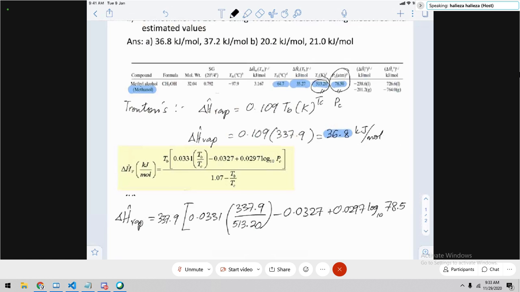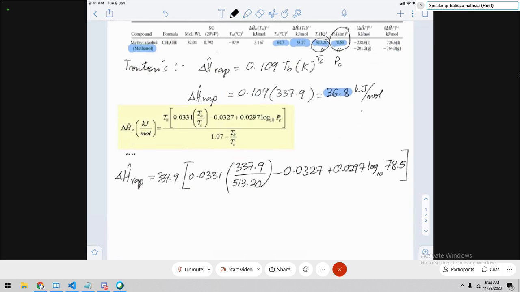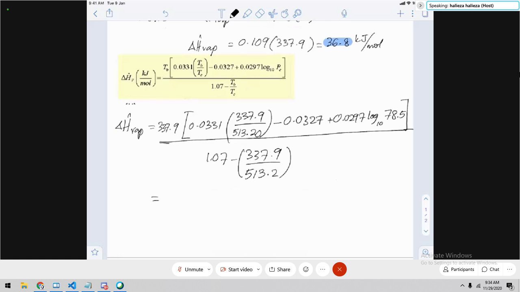That's your critical pressure, in units of atm. The whole thing divided by 1.07 minus the boiling point, 337.9, that's the normal boiling point. The critical temperature, 513.2. So guys, after you have done that, everything is there.